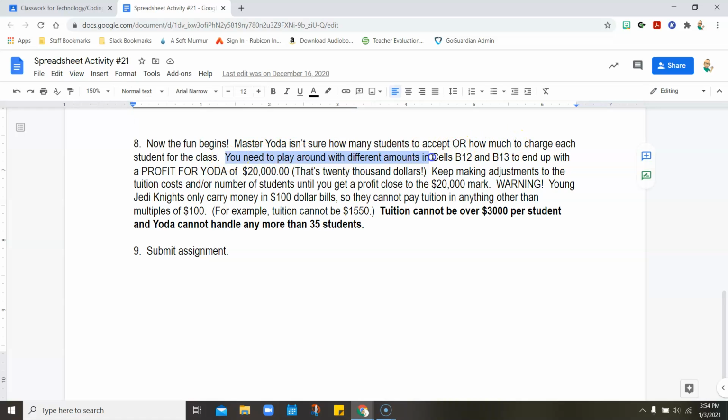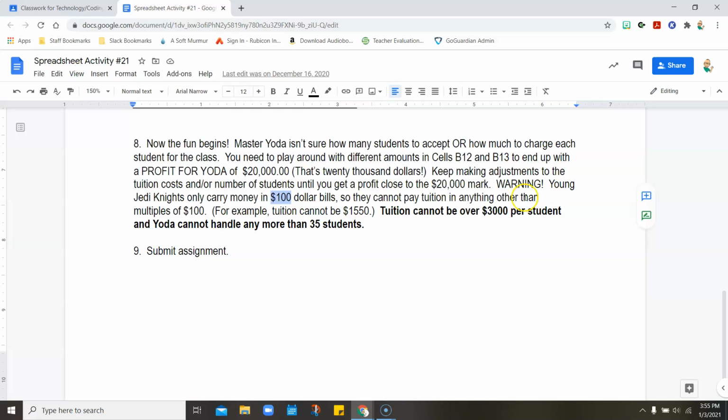You will need to play around with different amounts in cells B12 and B13 to end up with a profit for Yoda of $20,000. So he has to make $20,000 extra on top of everything else. You've got to keep making adjustments to the tuition costs and or the number of students until you get a profit that's close to $20,000. Okay, here's a warning. The Jedi Knights can only carry $100 bills, so you can't have anything lower than a $100 bill.